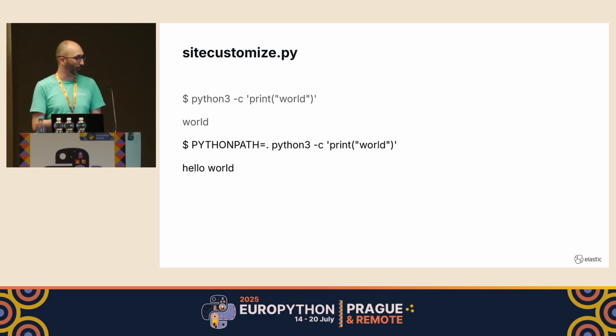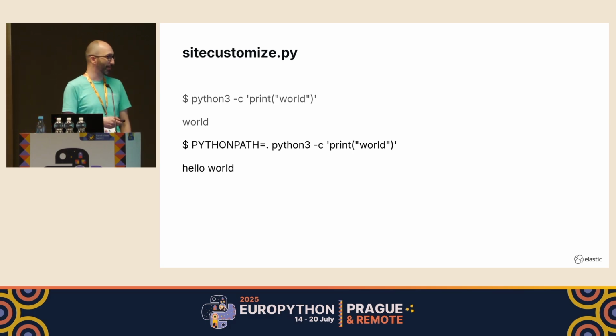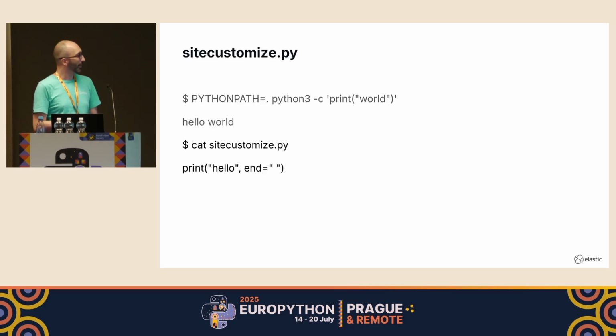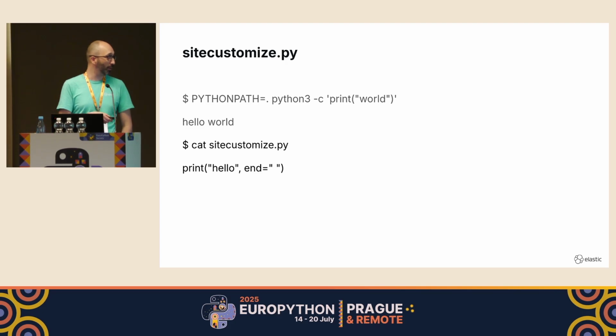This is not magic, although it may look like magic, and surprising, I guess. The trick is that in the current path we have a module named sitecustomize, which the site module will load. And this module is just printing the hello part of our output there.